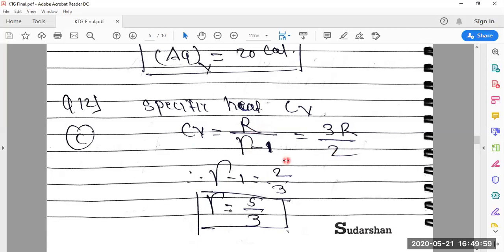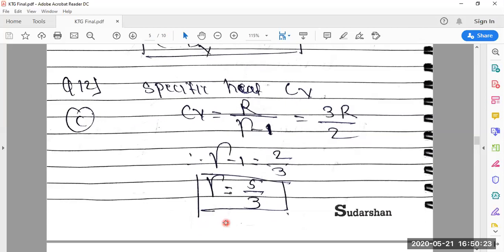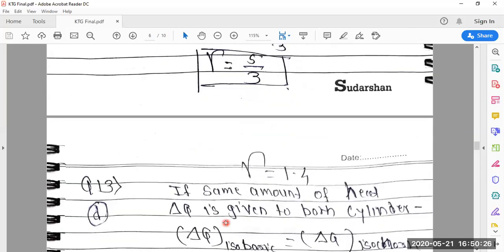Comparing this equation, we get gamma minus 1 is equal to 2 by 3. Simplifying, we take the minus sign to the other side, plus 1, so we get 5 by 3. So gamma is 5 by 3. The correct option for question number 12 is C.